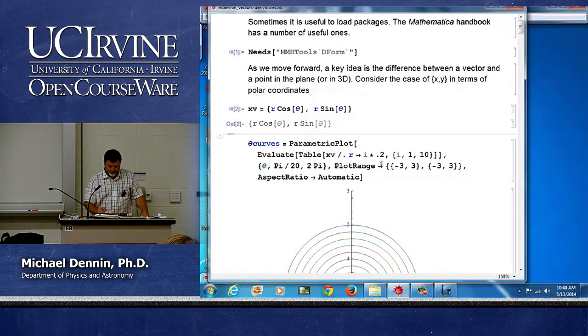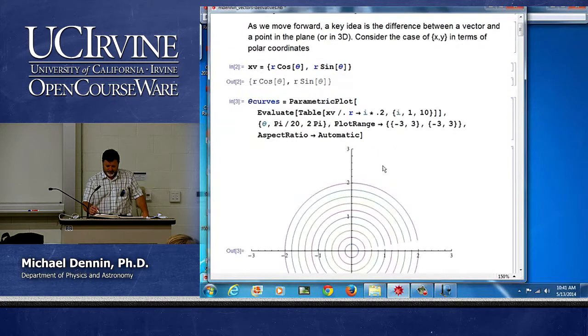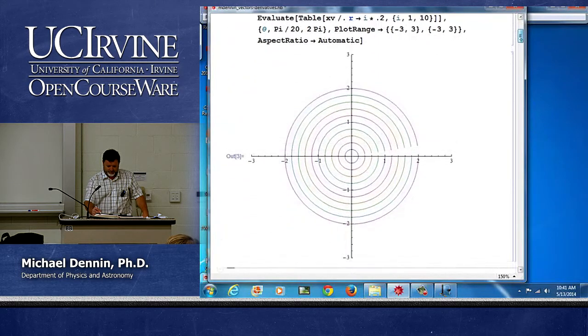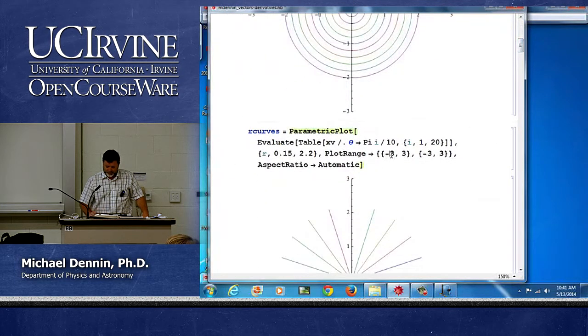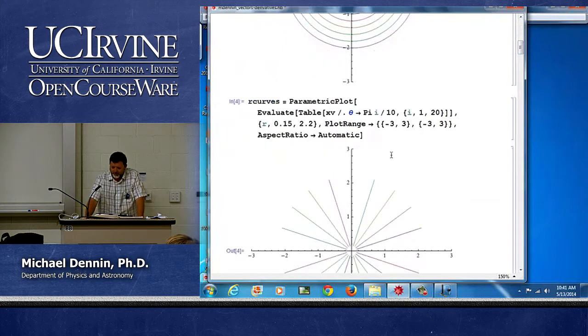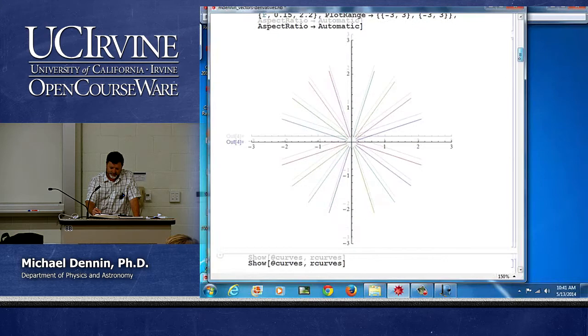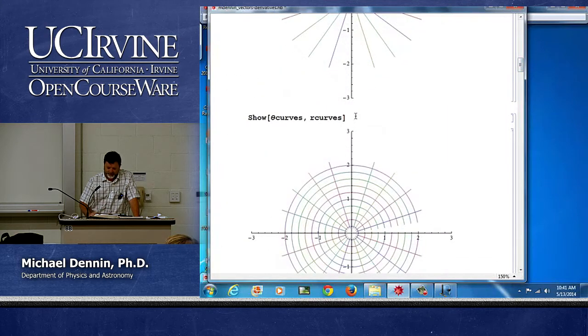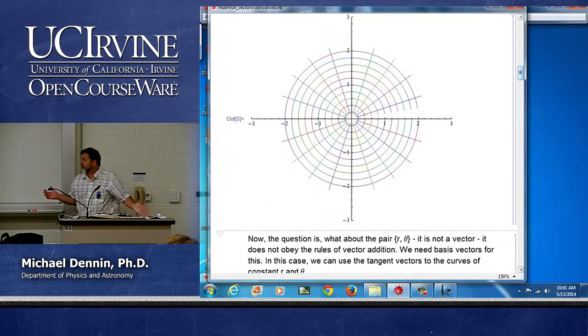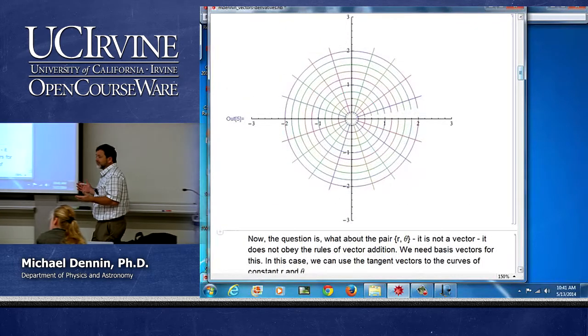So this gives us our curves. I do the same thing, switching to fixing different values of theta and plotting for r. And then when I show them together, I get what you hopefully recognize as the polar coordinate system.